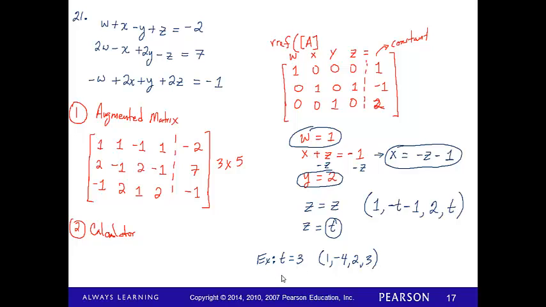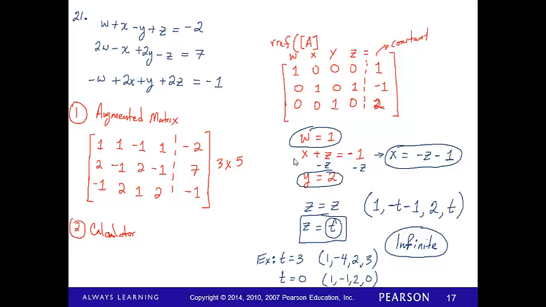And if we said T was going to be 0, then our solution would be 1, negative 1, 2, comma, 0. So basically, how many solutions do we have here? We have an infinite amount. So it's an infinite amount of solutions here. And that's only because Z is free to be any number.